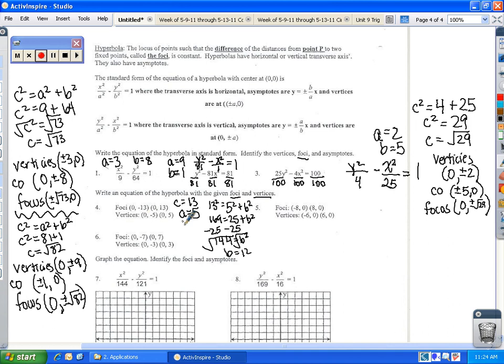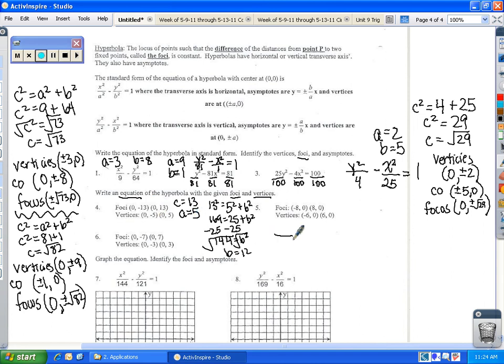Now that I have a, b, and c, in order to write my equation, I need to decide whether the a value is associated with the x or the y axis. Since my focus points and my vertices are both on the y-axis, I know that the y-axis is the transverse axis, and therefore that is what my a value is going to go with.